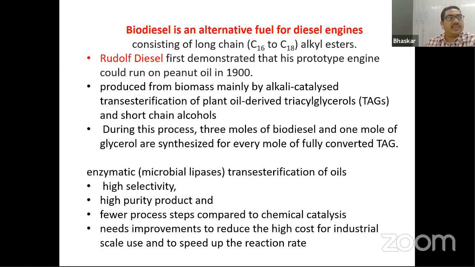The other type of catalyst which is highly efficient is enzymes. These enzymes are highly selective, highly pure, and highly specific also, and they require very few process steps as compared to chemical catalysts. But the major bottleneck right now is their high production cost. If we can bring down the cost, we can have a biodiesel production which is comparable to the production of crude oil.